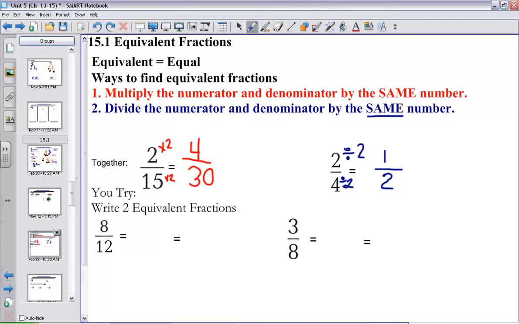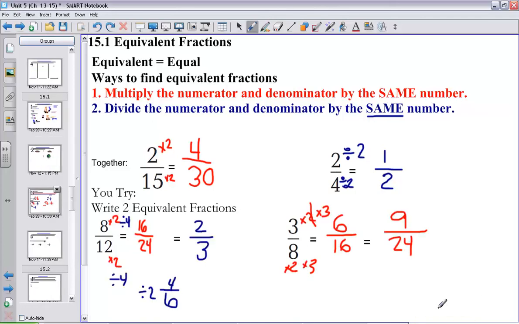You're going to write 2 equivalent fractions for 8/12 and 3/8. So I'm going to hit pause. Alright, let's see what kind of equivalent fractions we could come up with here. For 8/12, the first thing I did was multiply by 2. I multiplied my numerator of 8 by 2 and I got 16. I multiplied my denominator of 12 by 2 and got 24.